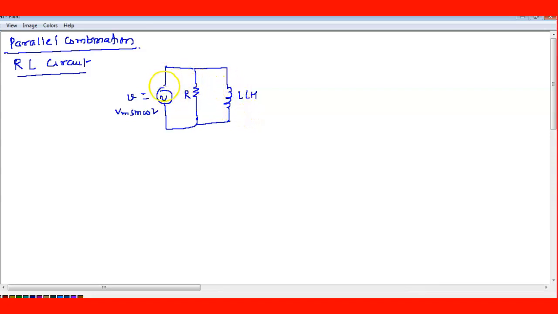If the current passing is I here, we will divide it into two parts: this is IR, and this is IL.